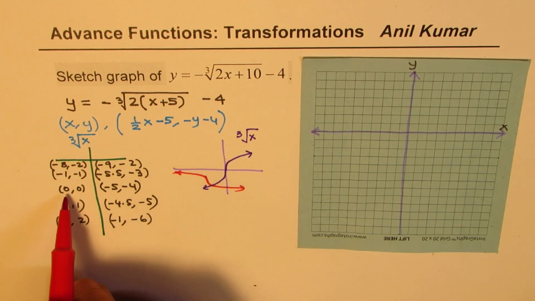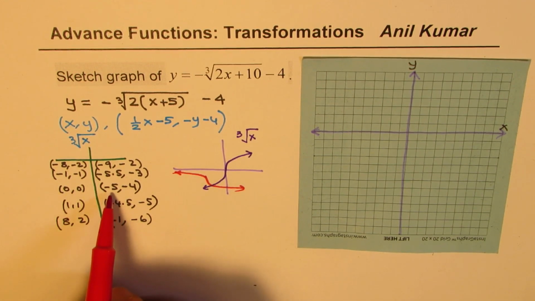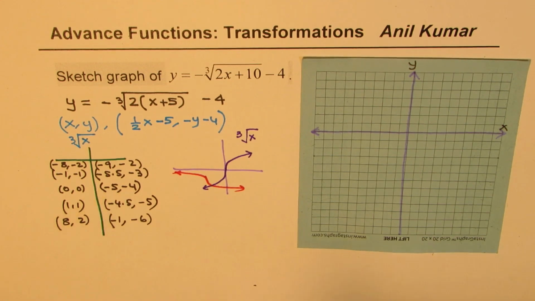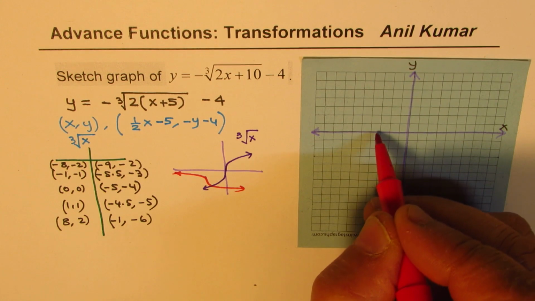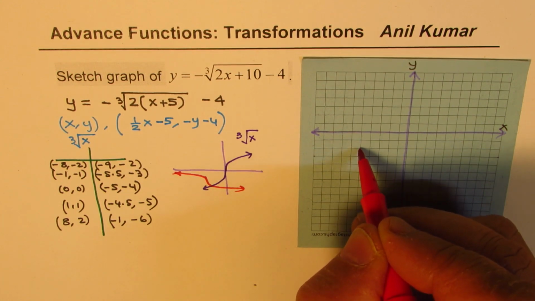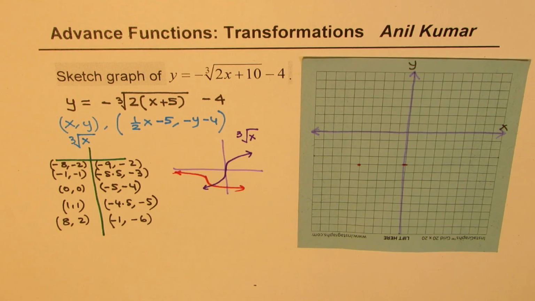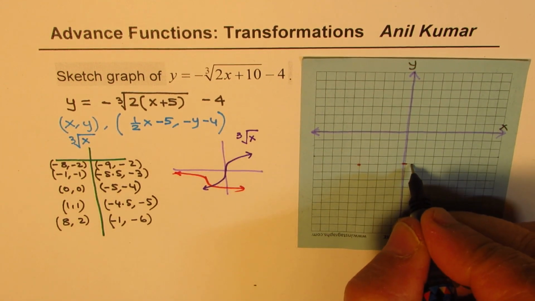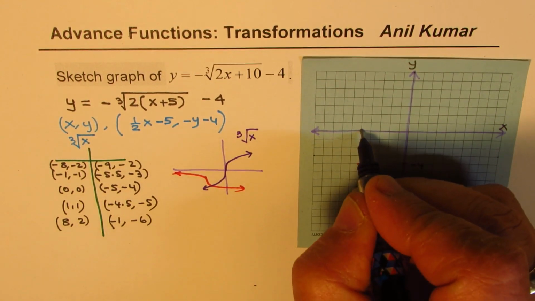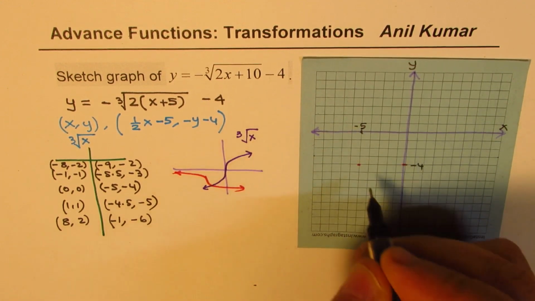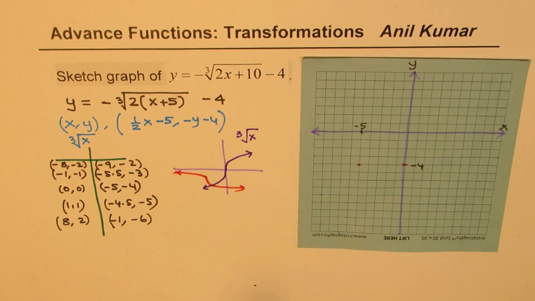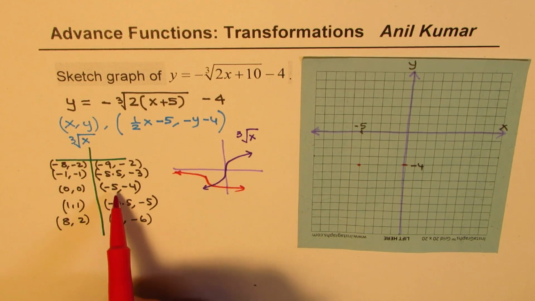Let's begin with 0, 0, which has now been transformed to -5, -4. 1, 2, 3, 4, 5, 1, 2, 3, 4. So that is -4, correct? And this is -5. So we get our first point. The other 2 points are very close to this.